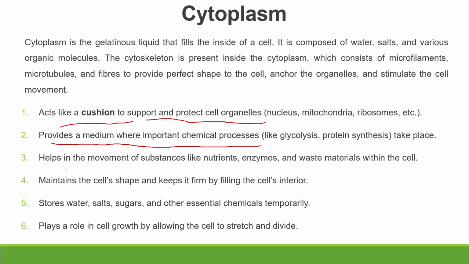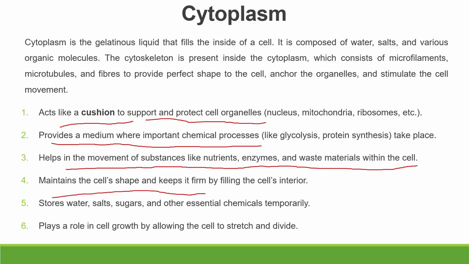Cytoplasm helps in the movement of substances like nutrients, enzymes and waste materials within the cell, and it maintains the cell's shape, keeping it firm by filling the cell's interior. It stores water, salt, sugar and other essential chemicals temporarily, and plays a role in cell growth by allowing the cells to stretch and divide. So these are the functions of cytoplasm.